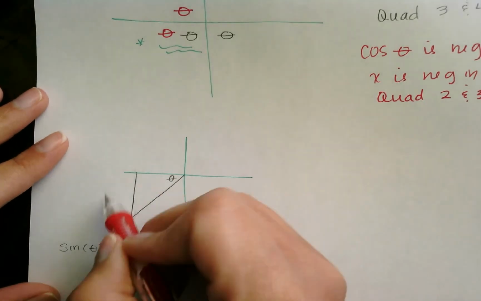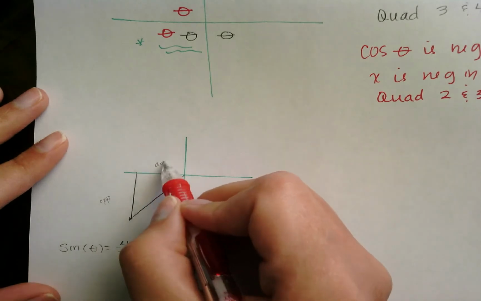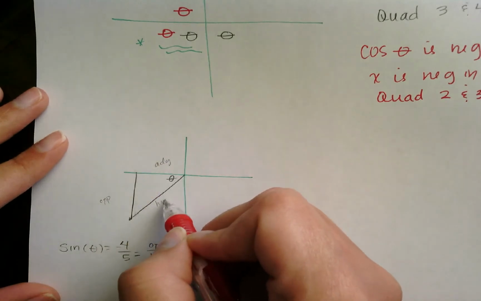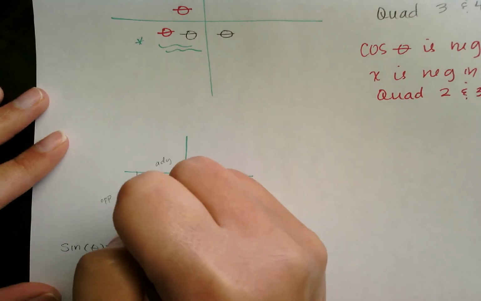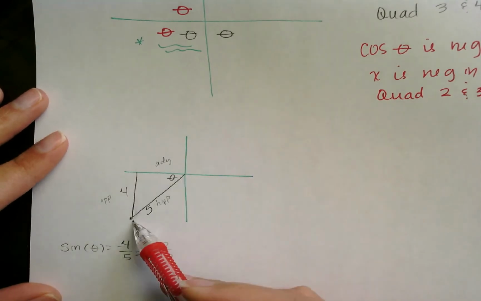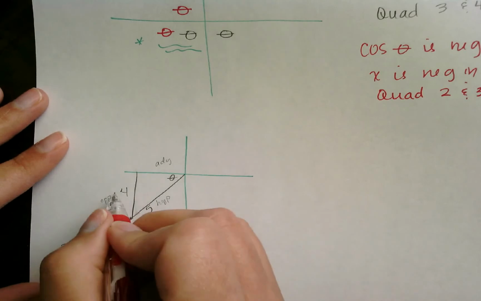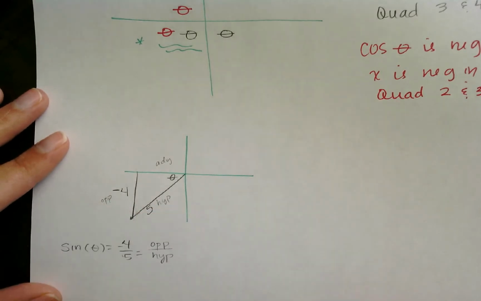So here's my theta. This is opposite of theta. This is adjacent of theta. This is always my hypotenuse. So the opposite side is 4. The hypotenuse is 5. And I always said the hypotenuse is positive. Sine is negative, so we know this value has to be negative, the y value. Okay, so you got to label it correctly with your signs as well.